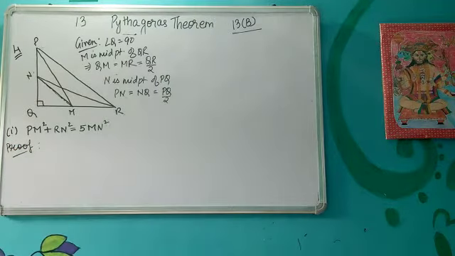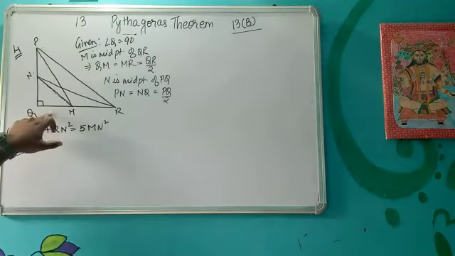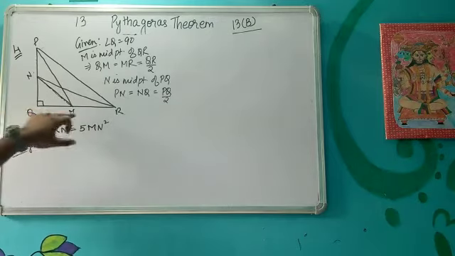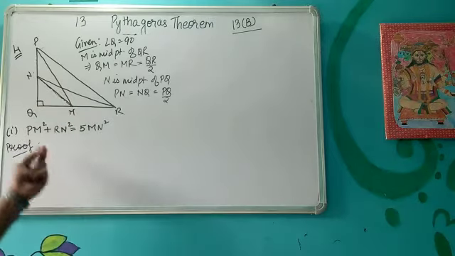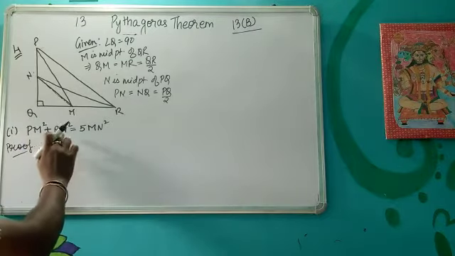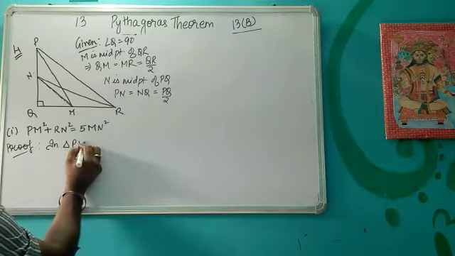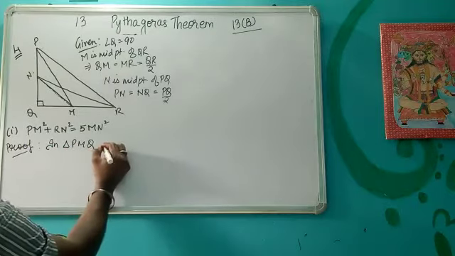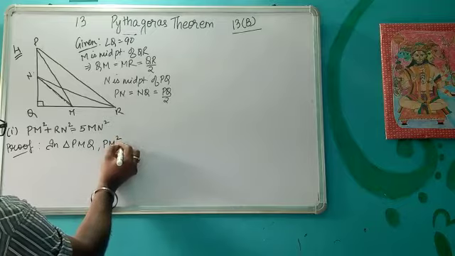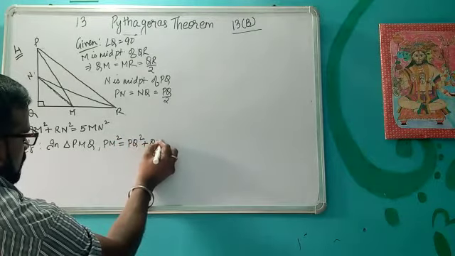See, many right angle triangles are there. PM will be in triangle PQM, RN will be in triangle QRN, and MN will be in triangle QMN. So we will start like this. First we will collect the values of PM square and RN square. So in triangle PMQ, PM square is equal to PQ square plus QM square.